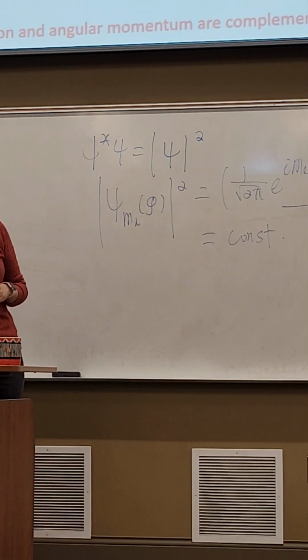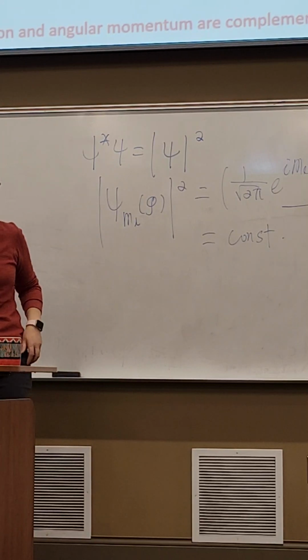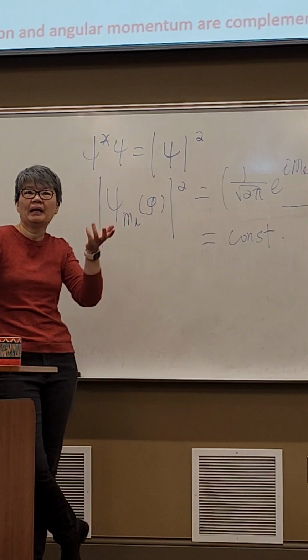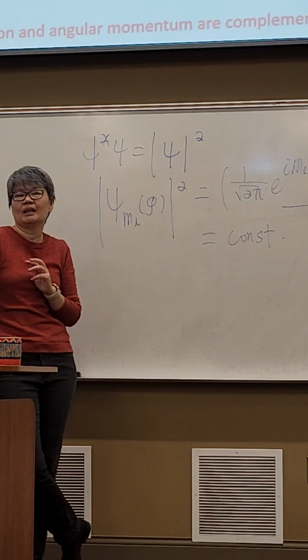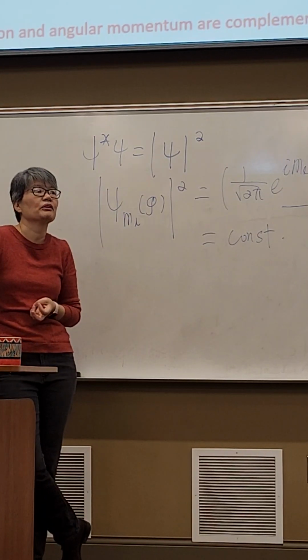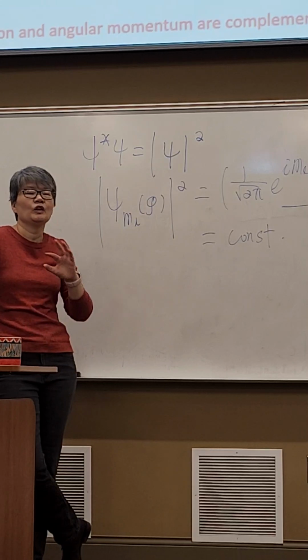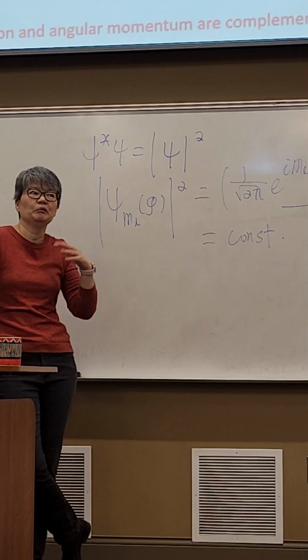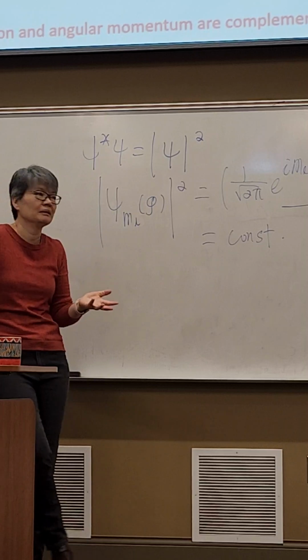So now if you look at the angular momentum and the position, you can see this is a pair of complementary observables. Okay, you can precisely determine the angular momentum.